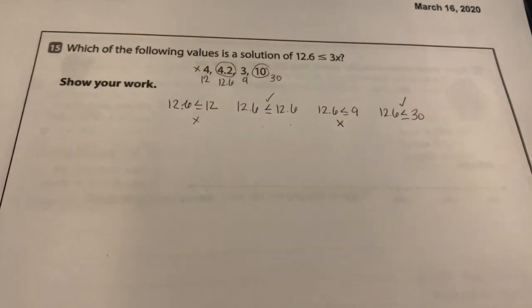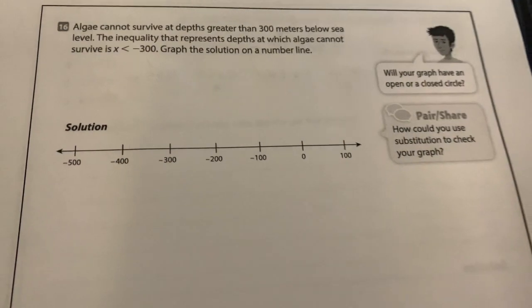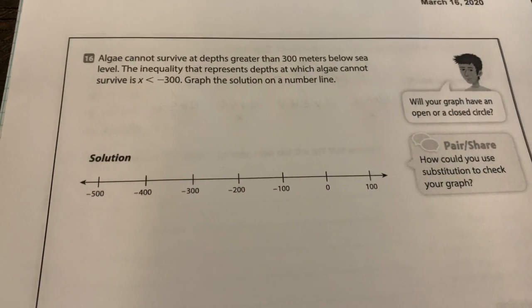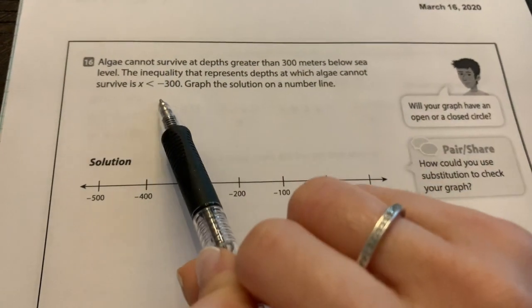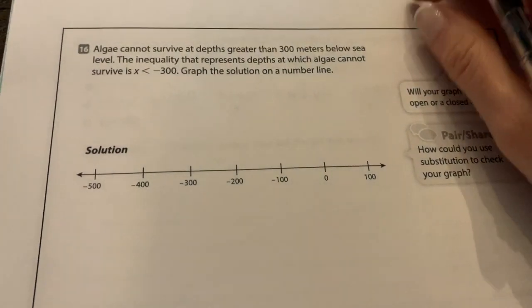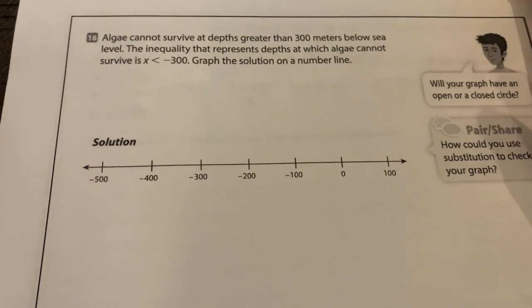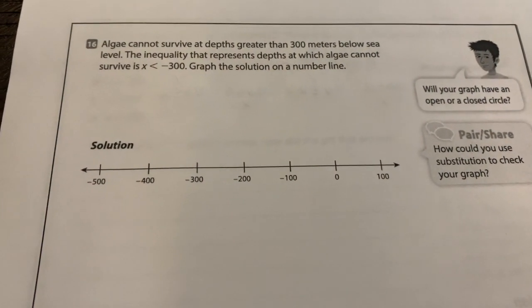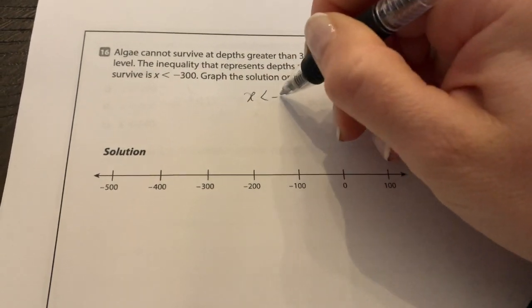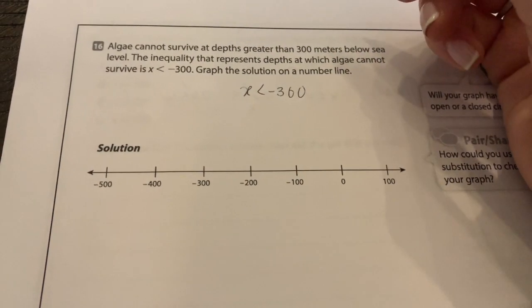Okay. Number 16, algae cannot survive at depths greater than 300 meters below sea level. They're giving us the inequality here. So in order for the algae to survive, it has to be at less than negative 300 meters. They want us to graph this. So x is less than negative 300, okay?